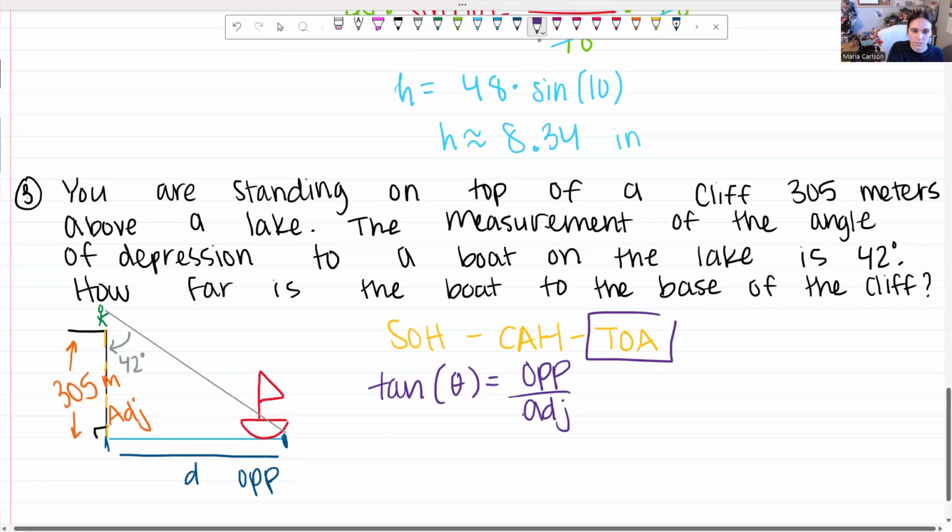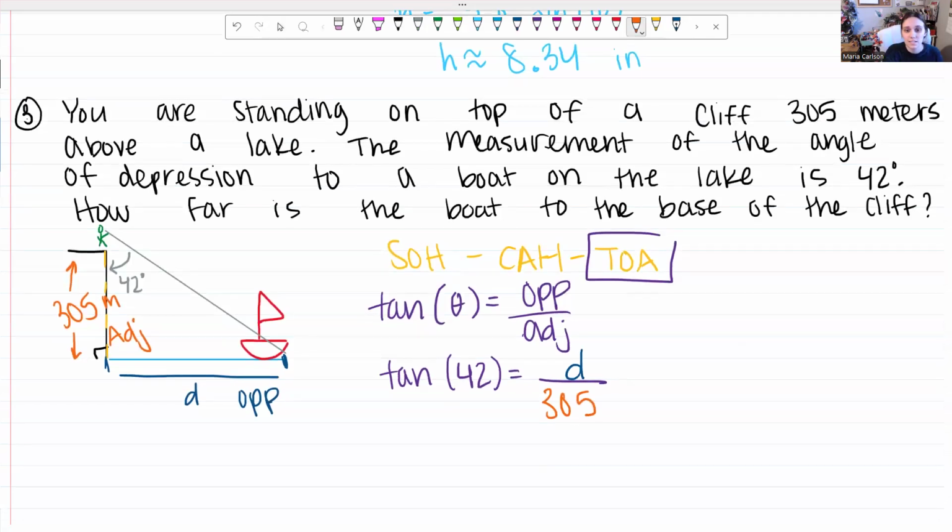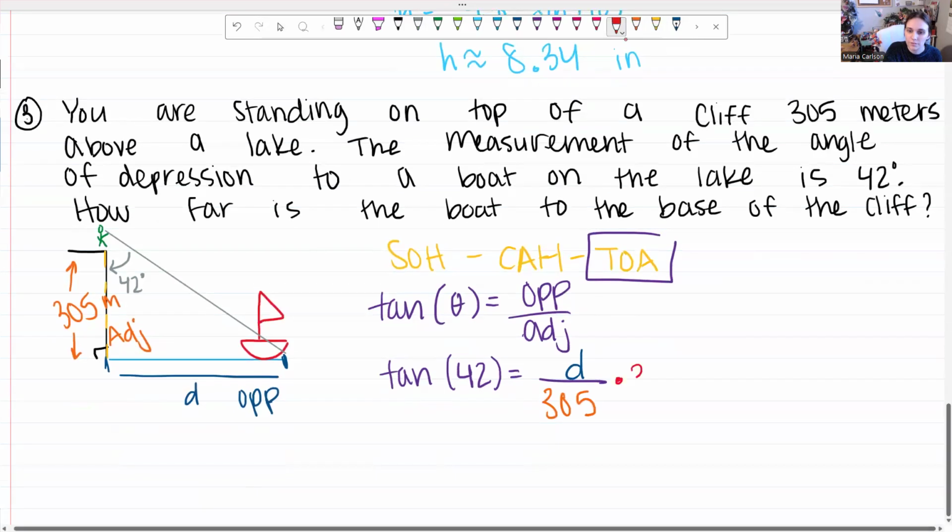So the tangent of 42 degrees is equal to the opposite, which we don't know, that is the distance D we're trying to find, over the adjacent, which is the height of the cliff, 305 meters. So to solve for this distance, I'm simply going to multiply both sides of this equation by 305. I forgot to write how much we're going to round to: nearest hundredth of a meter.